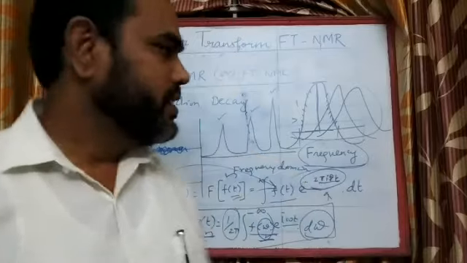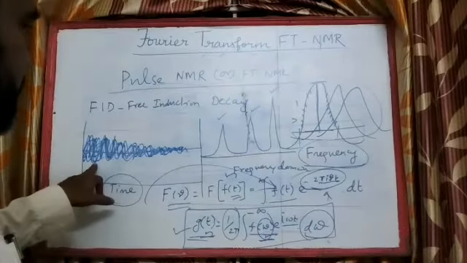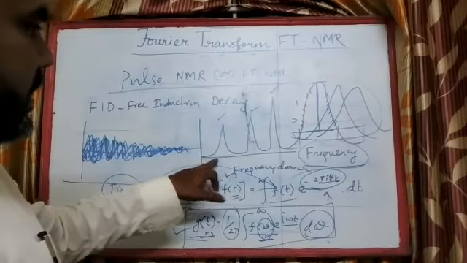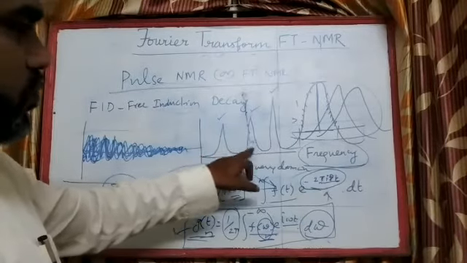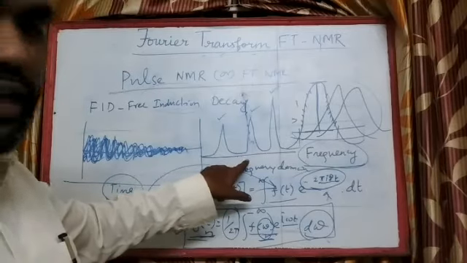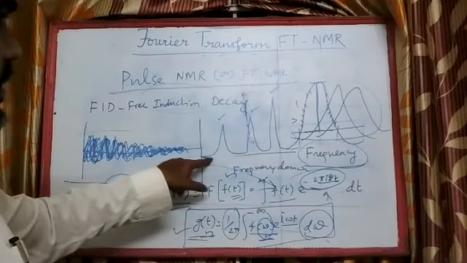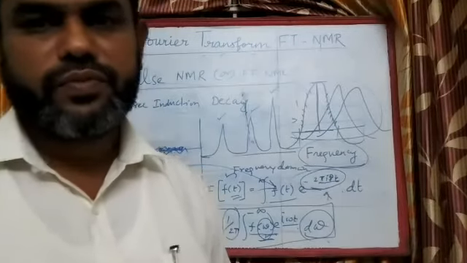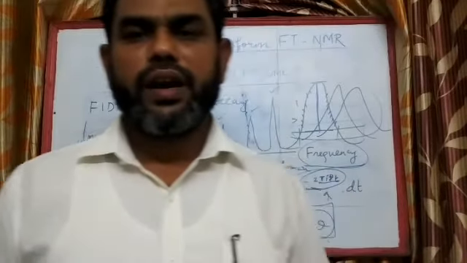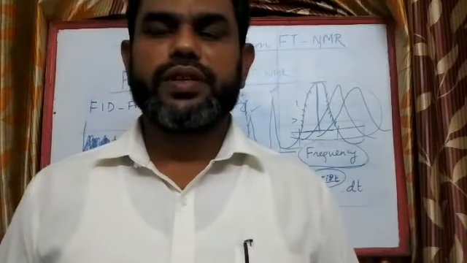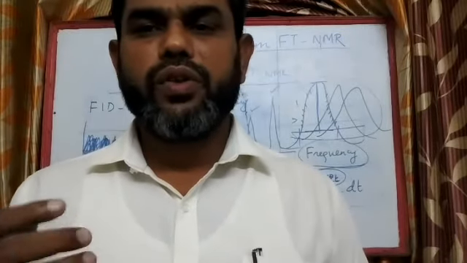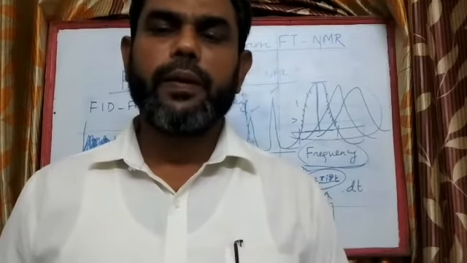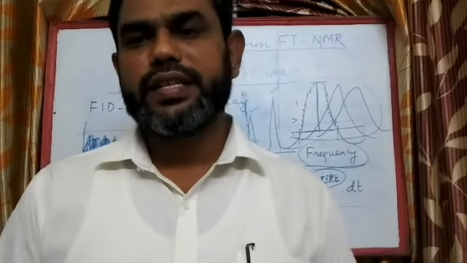As a result, the complicated free induction decay time domain spectra is obtained as very clear and distinct peaks. You can record a spectrum of even nuclei of very low natural abundance like C13 and N15 with good intensity.